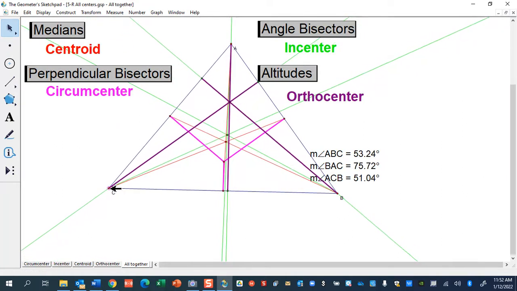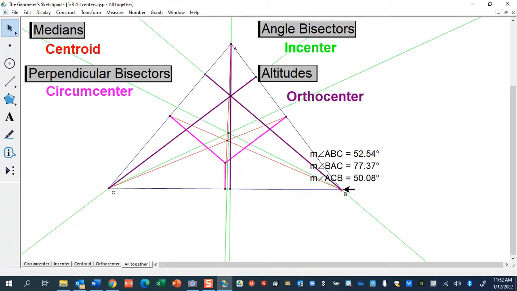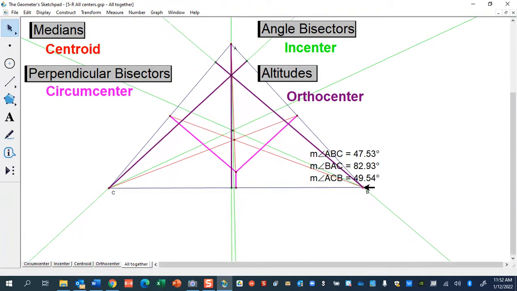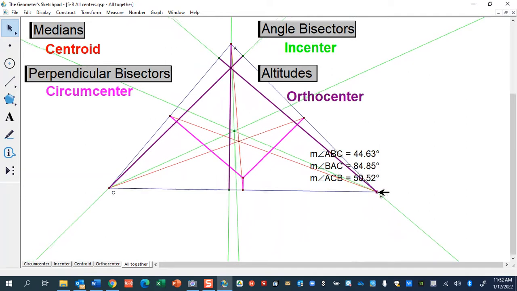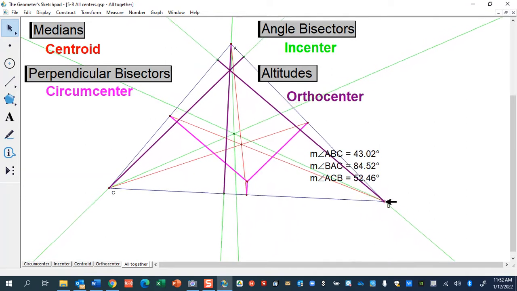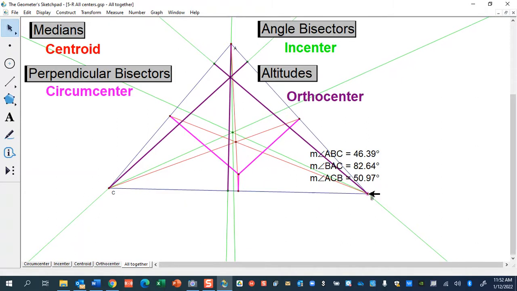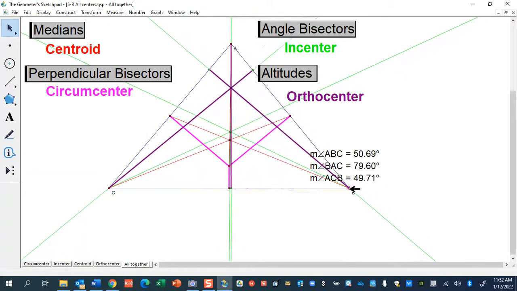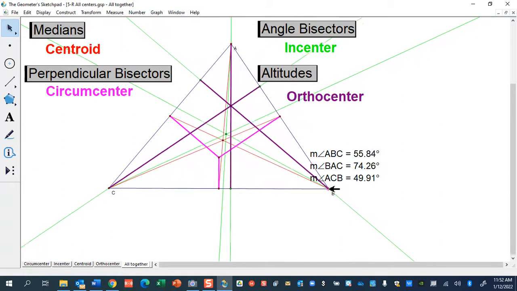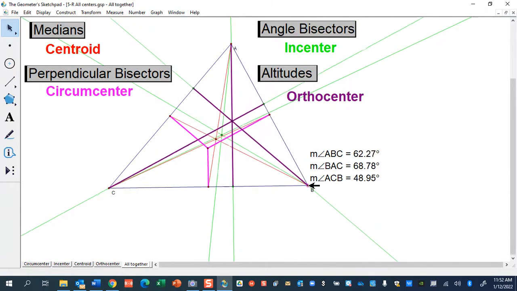If I can get this one, which is BAC, BAC needs to be smaller. Let me put that one at 60 first.